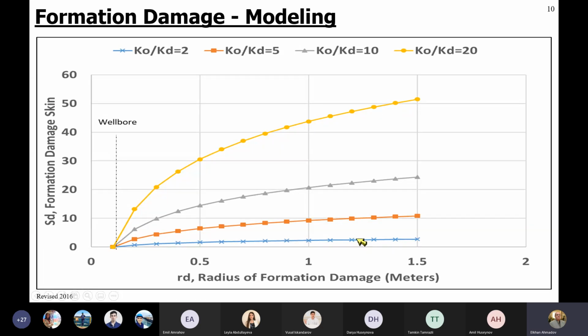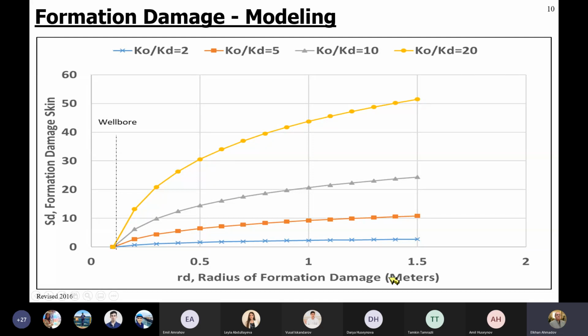So what this is about: if the damage is high, like an original permeability ratio over the damaged permeability of over 20, then as the radius of formation damage increases going away from the wellbore, we get higher and higher damage.